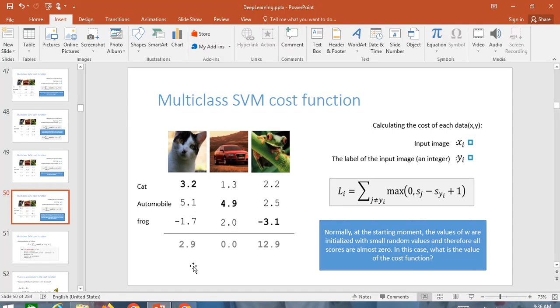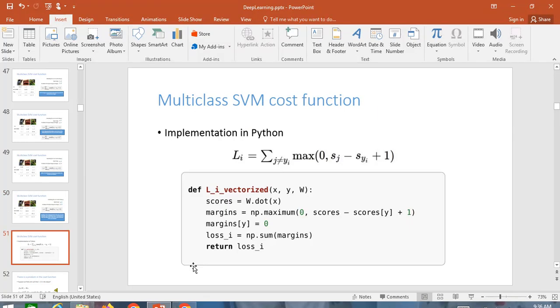Now, is this W unique? No. If we multiply this W by 2, the loss is 0 in W2 as well. That is, it is not unique. We definitely distinguish between these W's. Among these W, we prefer the one that is the smallest. In fact, its size is smaller. Its norm is smaller. This concept is called regularization.